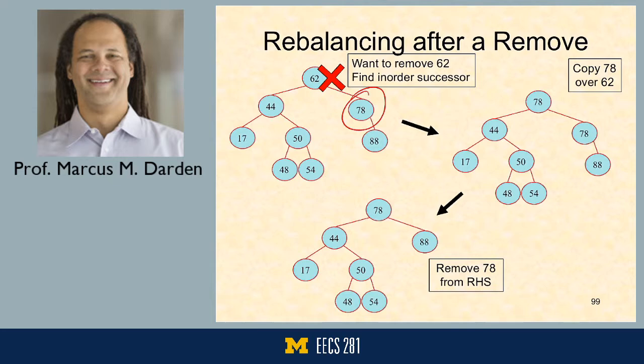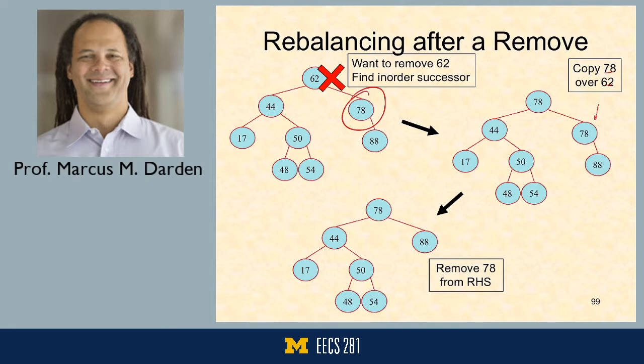So I'm going to replace 62 with that 78, right? And you see this replace looks like that. I copied 78 over 62, and my tree has this current duplicated element here in 78. But I'm going to remove that because that's the node that I want to remove. It's my in-order successor. It has only one child, so I can replace that 78 with its child.